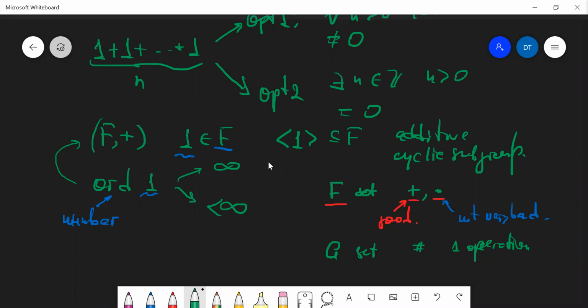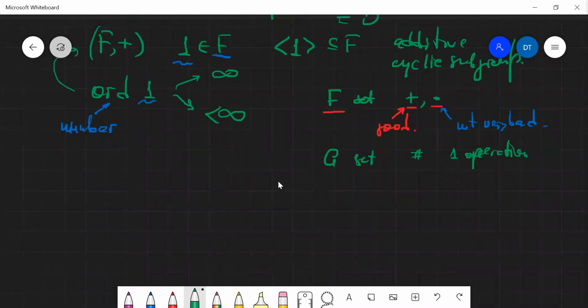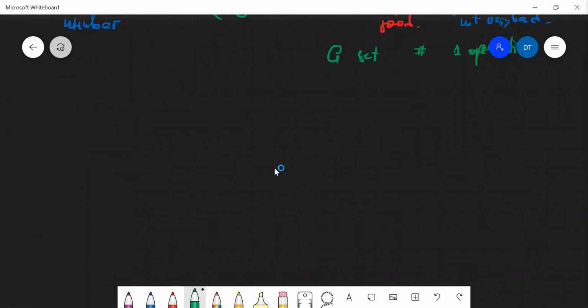So you can divide by any non-zero element inside the field. Okay, thank you.